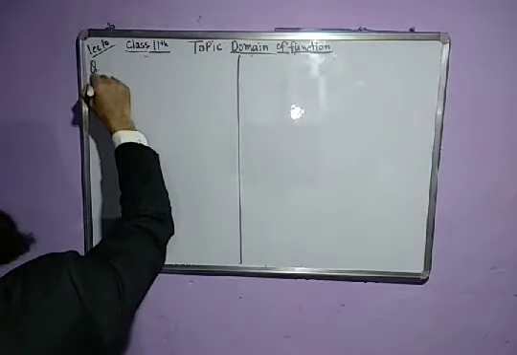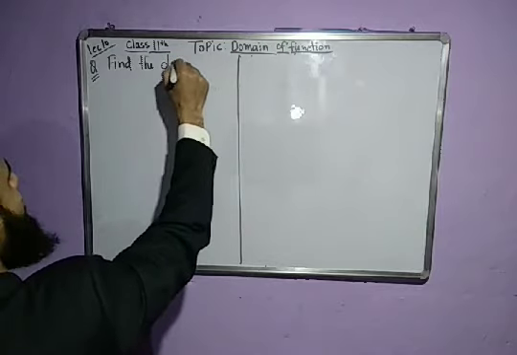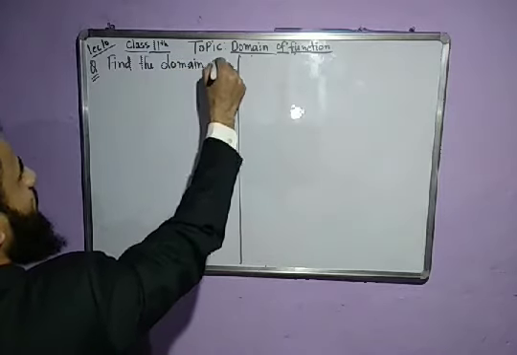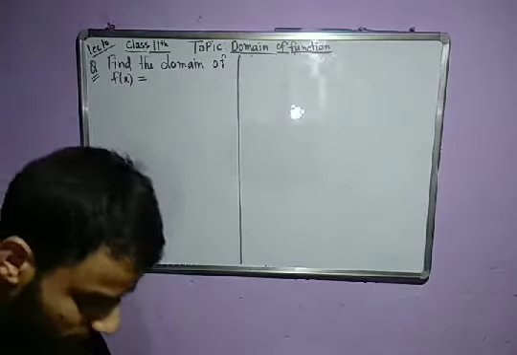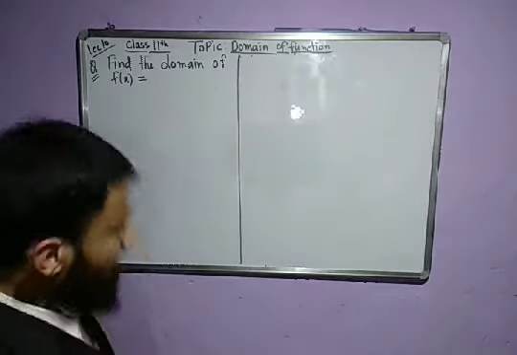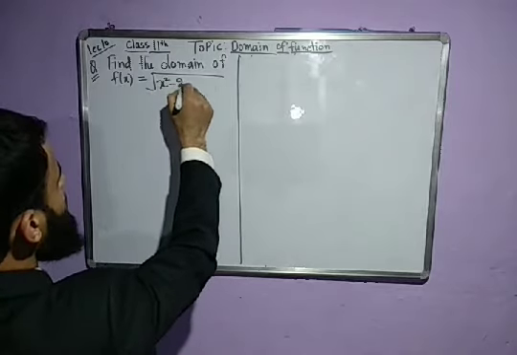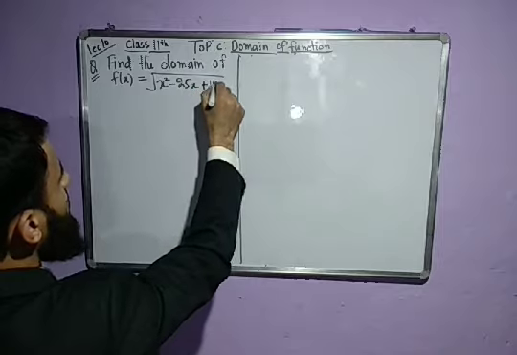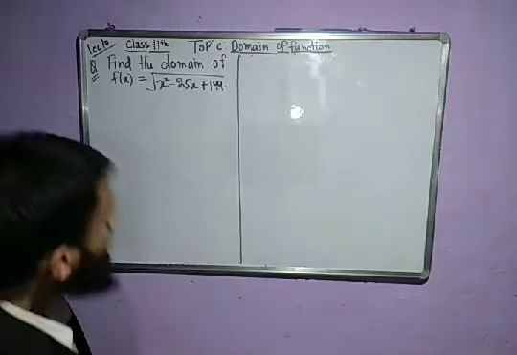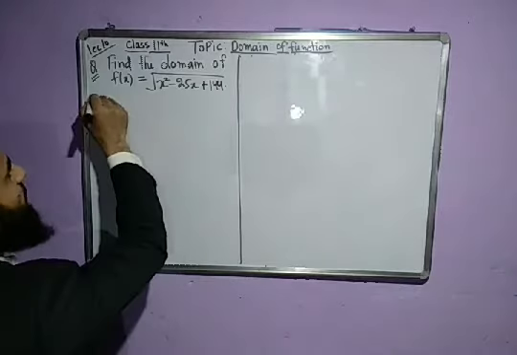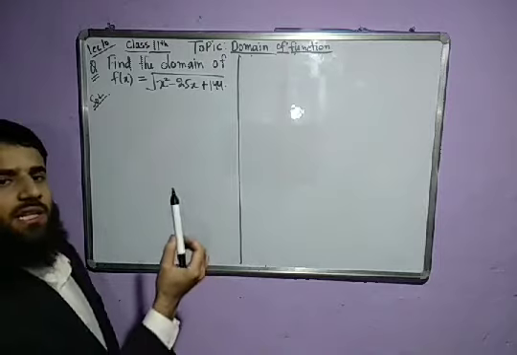The question is, find the domain of the function f of x is equal to under root of x square minus 25x plus 144. Okay. Now solution. You will follow these steps in each and every question.